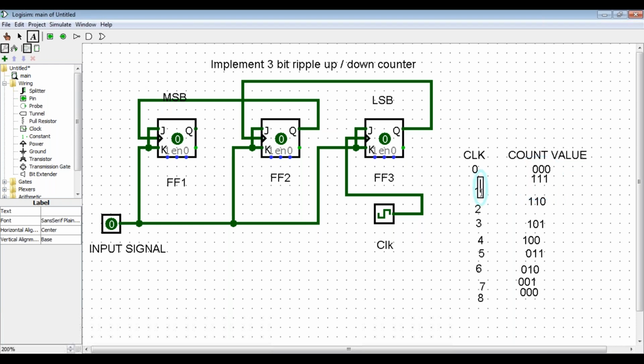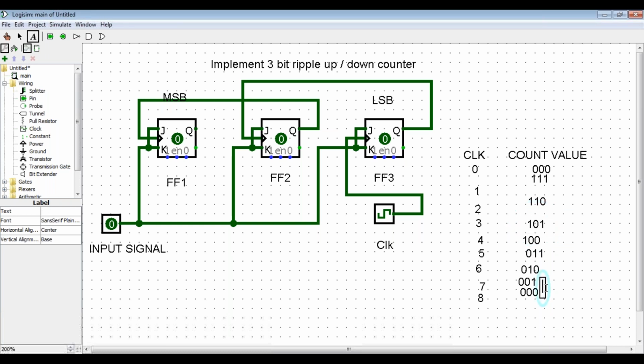If I am applying first clock pulse, what will happen? 1 1 1. If I am applying second clock pulse, one step will decrement, that means I will get 1 1 0. If I am applying my third clock pulse, again one step decrement, 1 0 1. So like that, if I'm increasing my clock pulse, it will come down to 0 0 0.